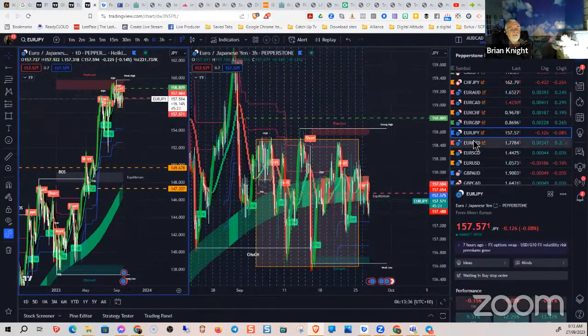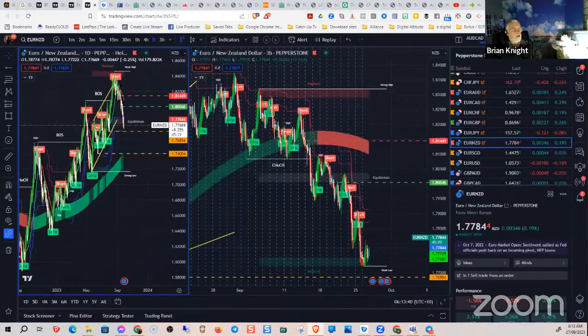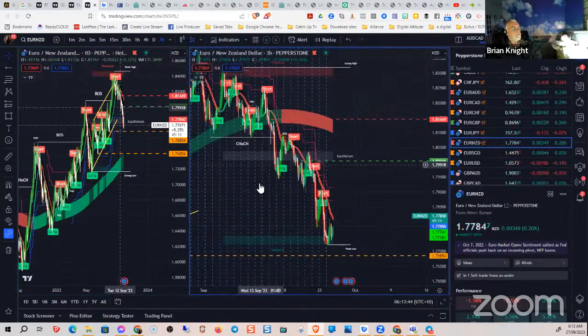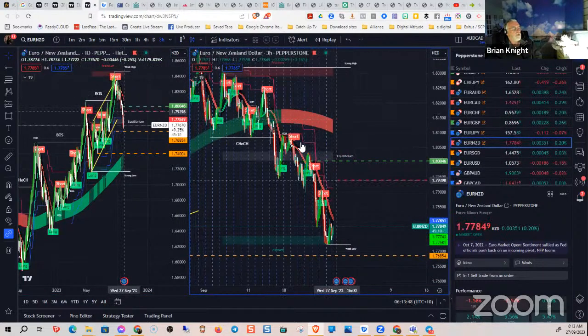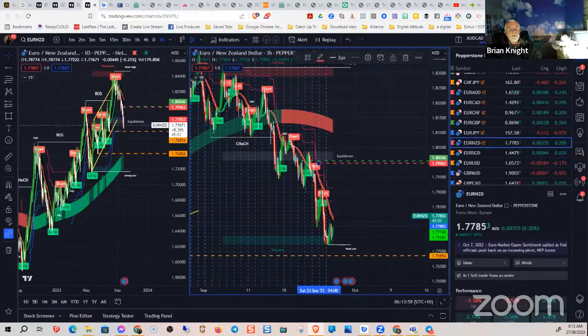All right, Euro NZD, I'm in this up 200. Oh wow, okay. So let's have a look and see where this stop loss is. I'll move it to here, which is just break even plus.